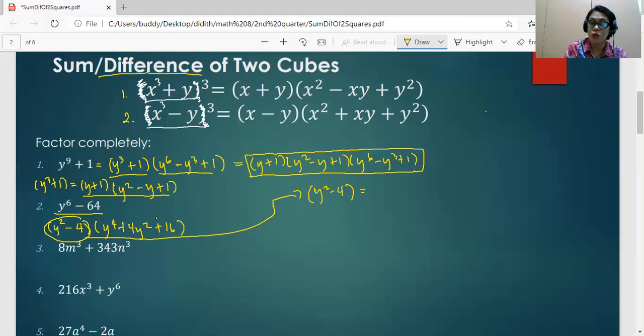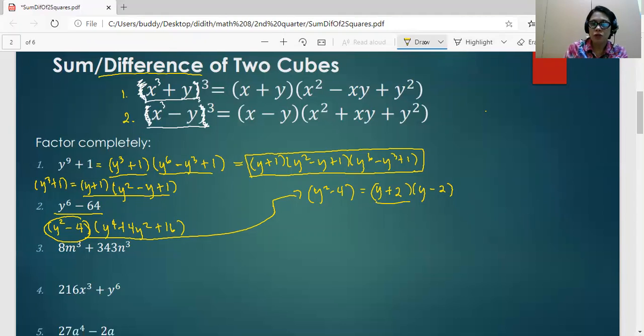So we have to extract the square root of both terms. So it should be y plus 2 quantity y minus 2. So how did we get this? We extract the square root of both terms y squared and 4.